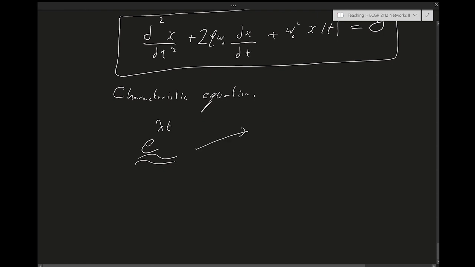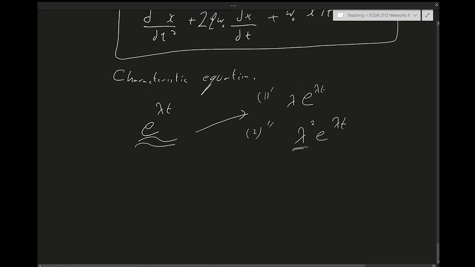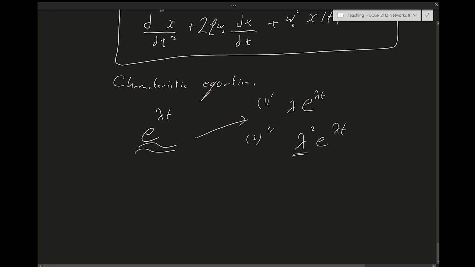We plug this assumed solution into the differential equation. The nice thing about e to the lambda t is that differentiated once, you get e to the lambda t times lambda. Differentiated twice, you get another lambda, lambda squared e to the lambda t. Each act of differentiation gives an extra lambda that multiplies the exponential. Plugging in, I end up with lambda squared e to the lambda t plus 2 zeta omega naught lambda e to the lambda t plus omega naught squared e to the lambda t equals 0.